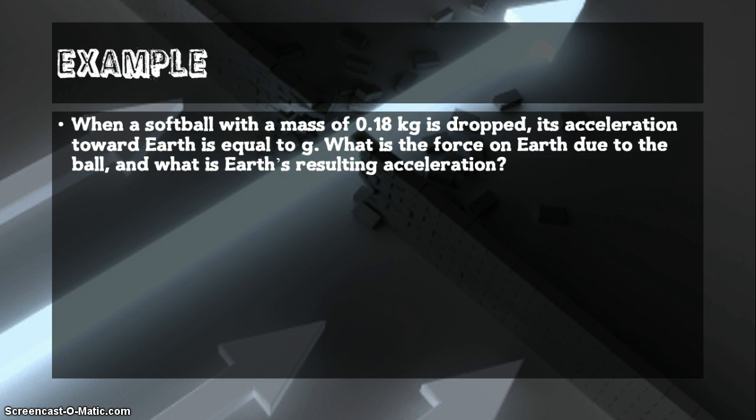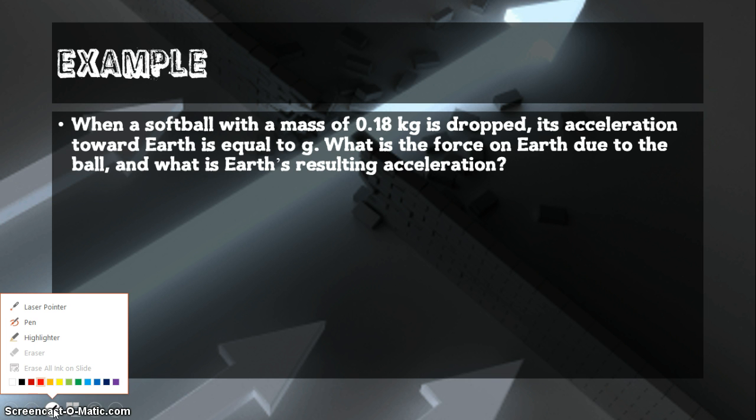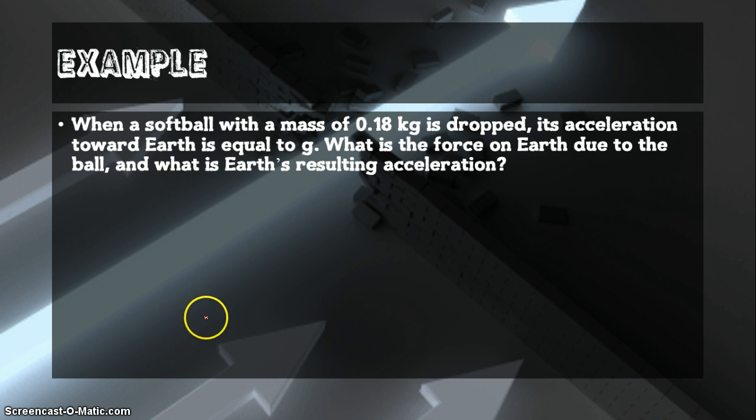So if we look at this example, when a softball with a mass of 0.18 kilograms is dropped, its acceleration towards Earth is equal to g. What is the force on Earth due to the ball, and what is Earth's resulting acceleration? Let's see here.